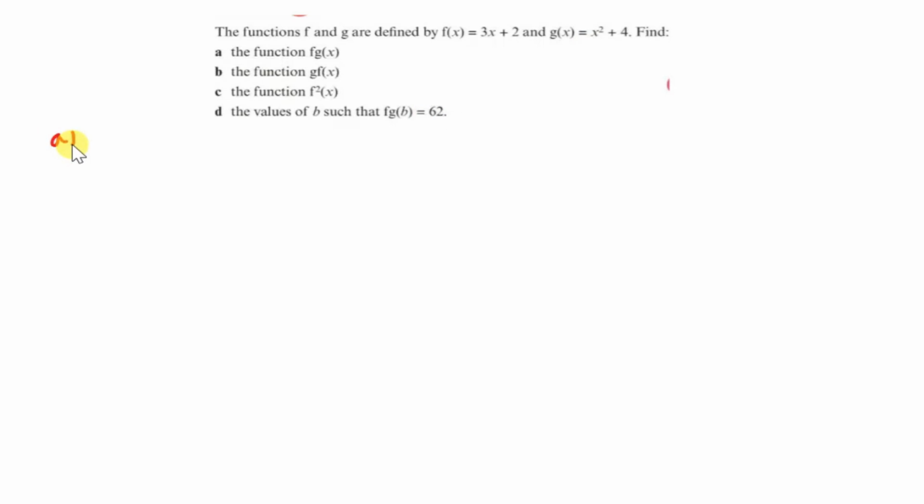So part A, for f of g of x, we say that's 3, and replace that x with the function of g of x. So we've got x squared plus 4.